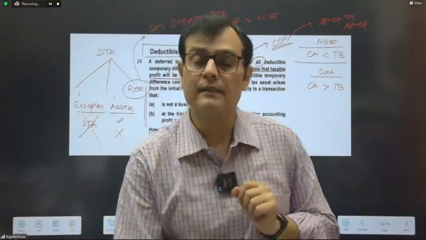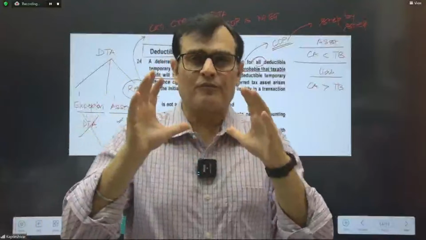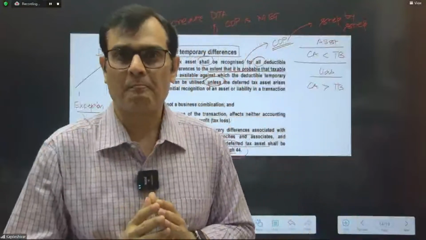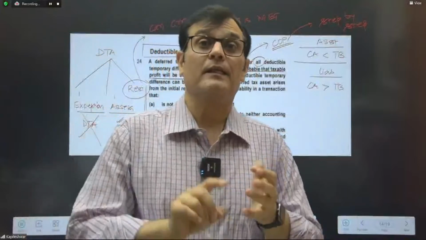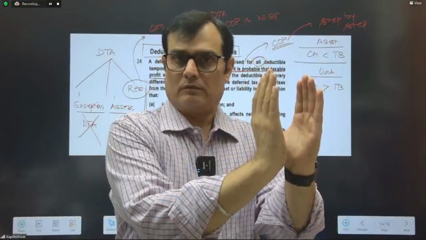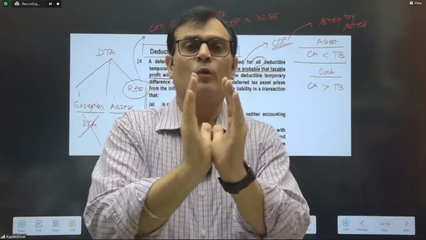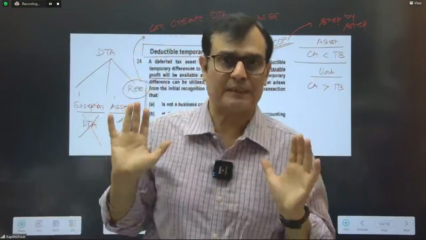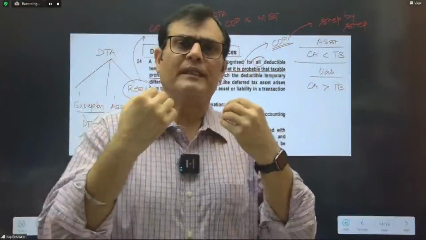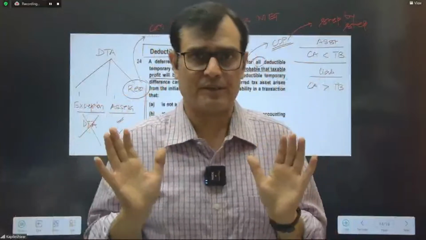So moral of the story, in terms of DTL, you have three blocks. Don't worry, I'll make the chart right away. In terms of DTL, there are three categories. Two cases, you cannot create a DTL. One case, you need an assessment. And the third case, where you will create a DTL, no ifs and buts.